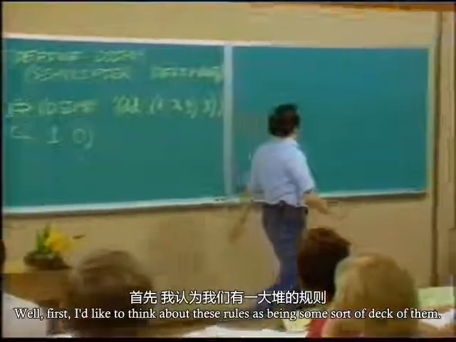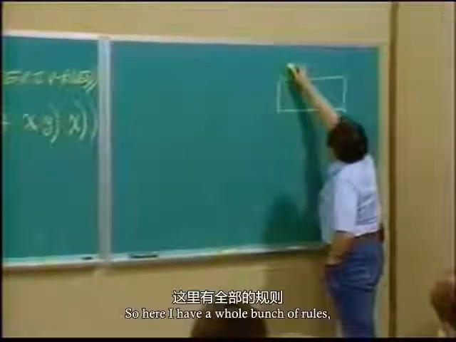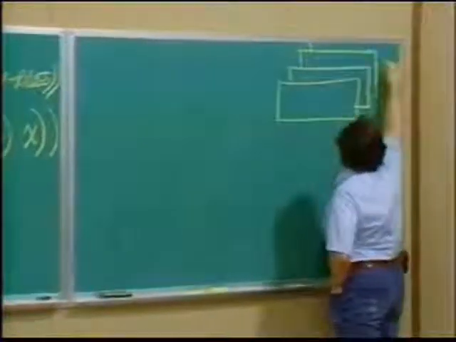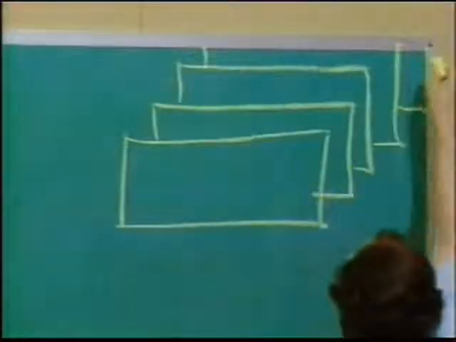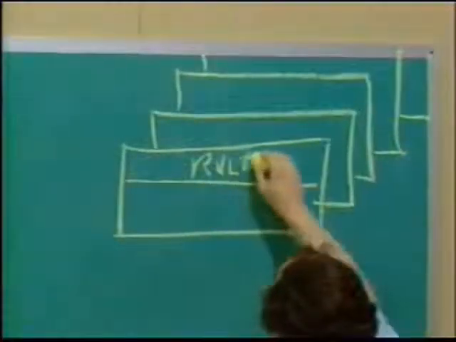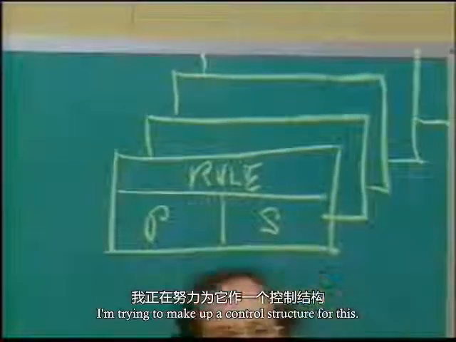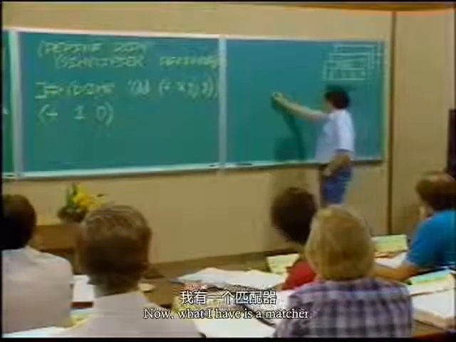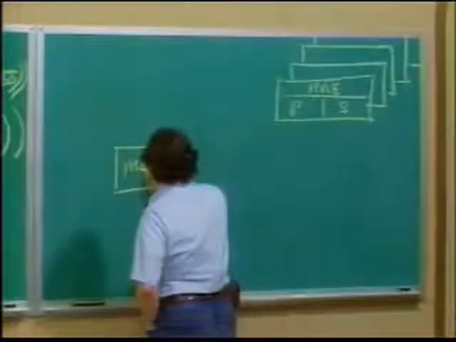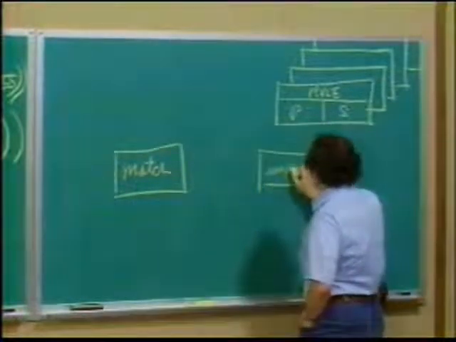Well, first I'd like to think about these rules as being some sort of deck of them. So here we have a whole bunch of rules. Each rule has a pattern and a skeleton. I'm trying to make up a control structure for this. Now, what I have is a matcher, and I have something which is an instantiator.